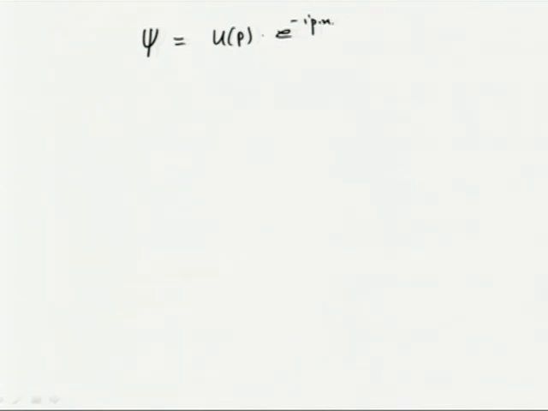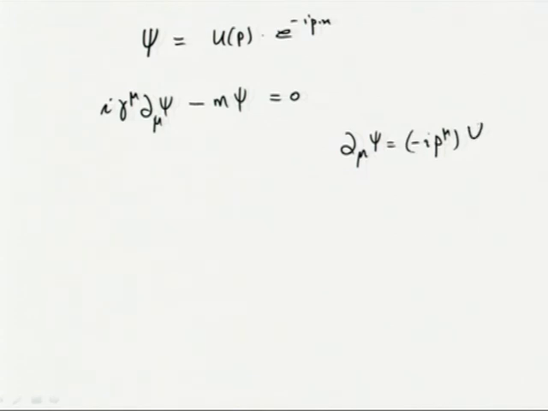Now, let us look at the Dirac equation with this psi. When I take the derivative of psi with respect to x mu, that will bring out minus I p mu, and the rest of it is psi.